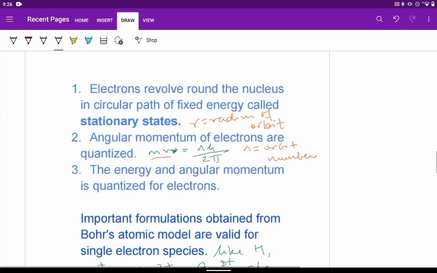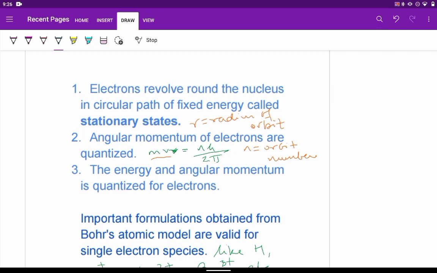The angular momentum of the electrons is quantized, so there will be a particular value only. So mvr will be equal to nh by 2 pi, where n is the orbit number, r is the radius of the orbit, and m and v are the mass and velocity of the electron.